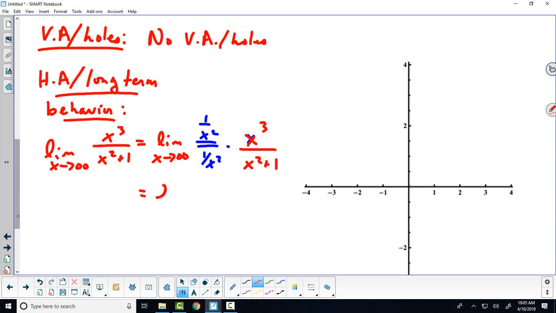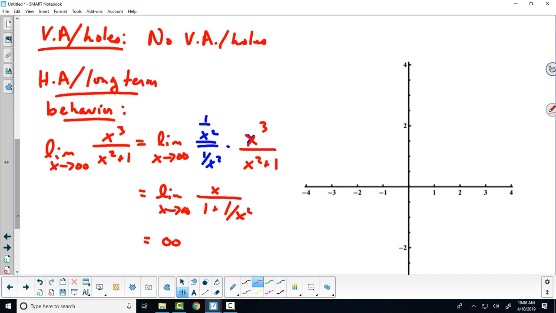So when things clear, we've got the limit as x approaches infinity of x over 1 plus 1 over x squared. And we get a limit of what? Infinity, because the numerator becomes arbitrarily large. This term's approaching 1, this term's approaching 0, so we've got an arbitrarily large number divided by 1, so arbitrarily large.